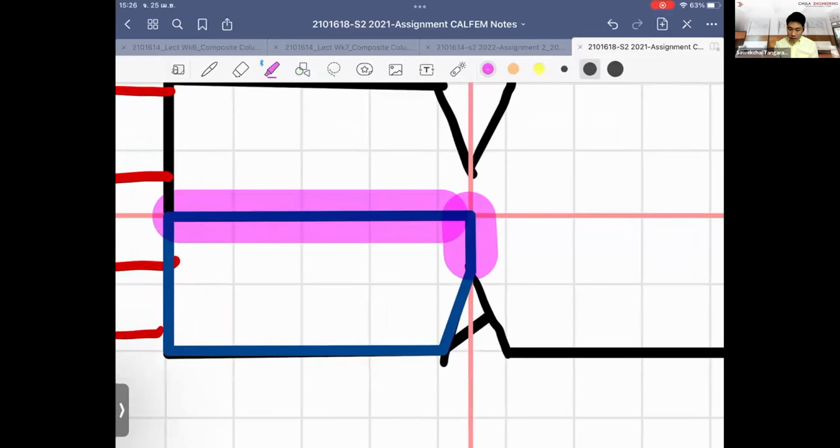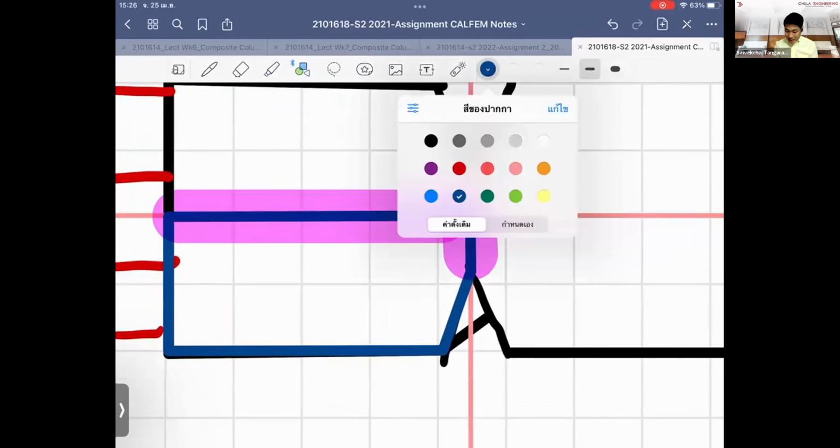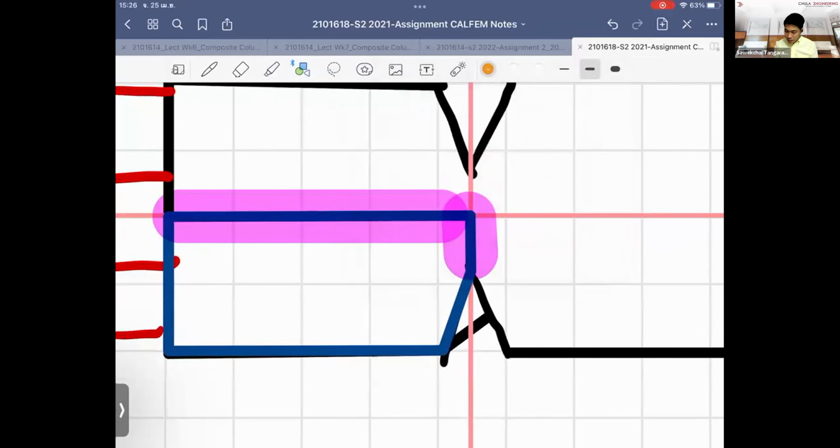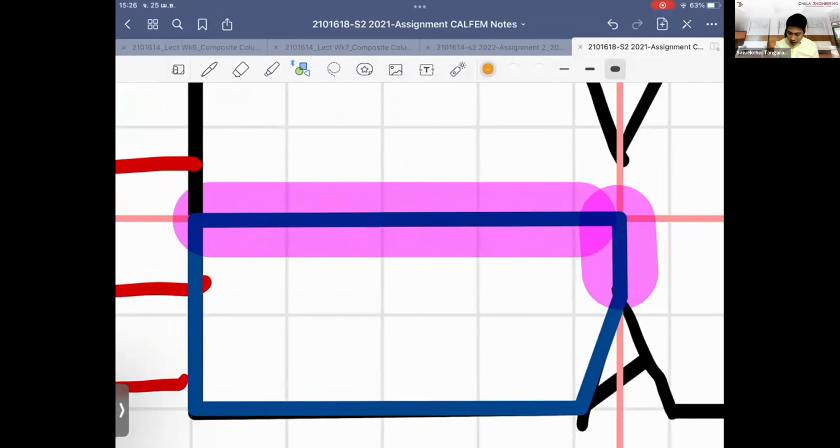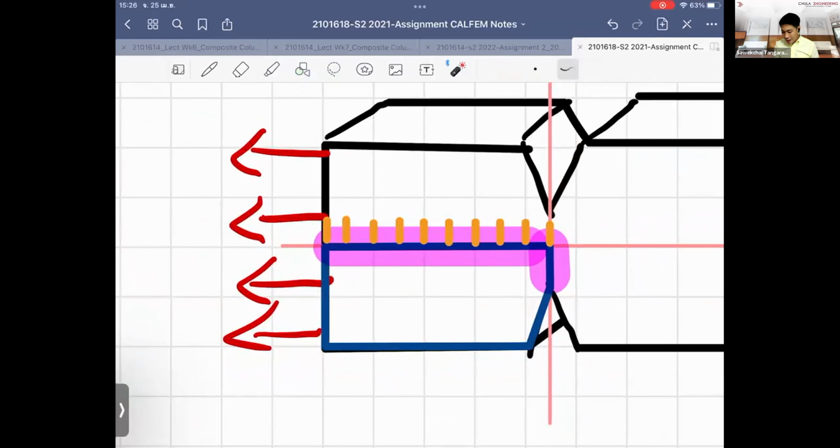Because the behavior of them is like a mirror image between them, we know that there are restraint conditions over the boundaries here. What does it mean to make it a mirror image? There is no translation in this direction, so any line here is a line of zero movement in the vertical direction.